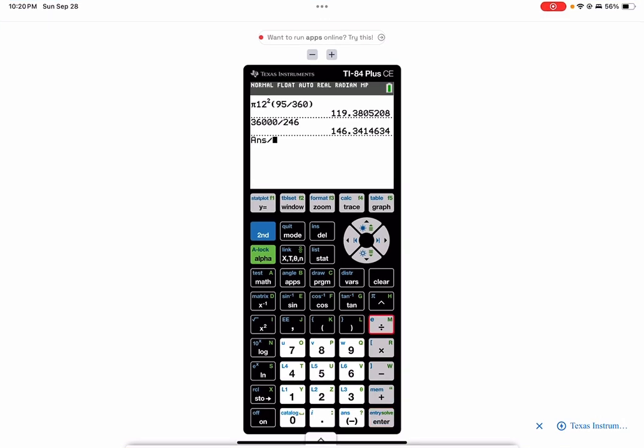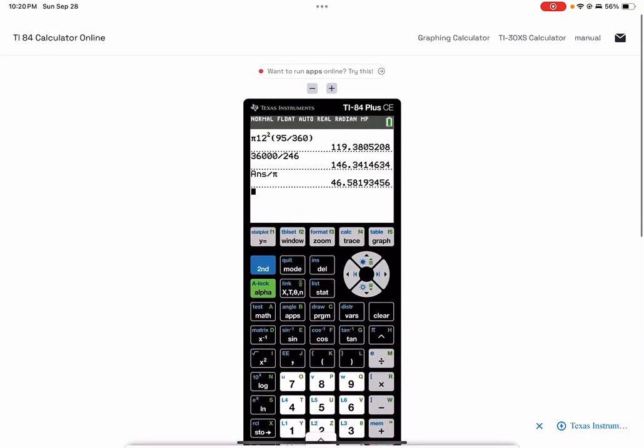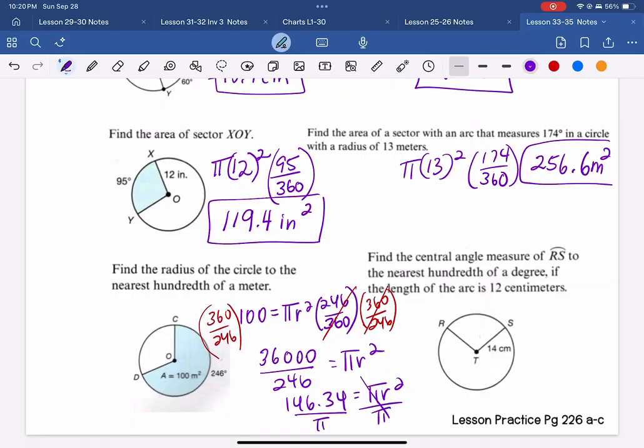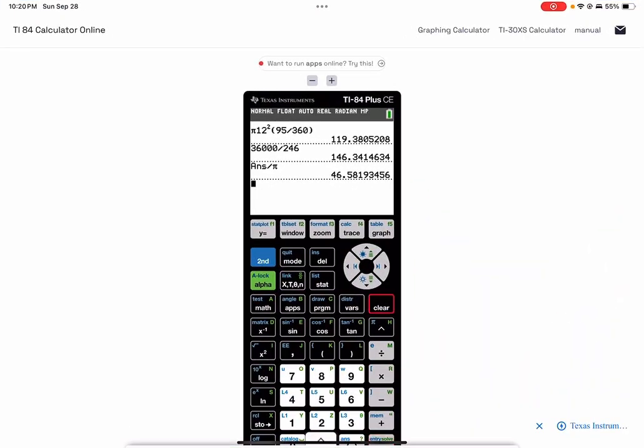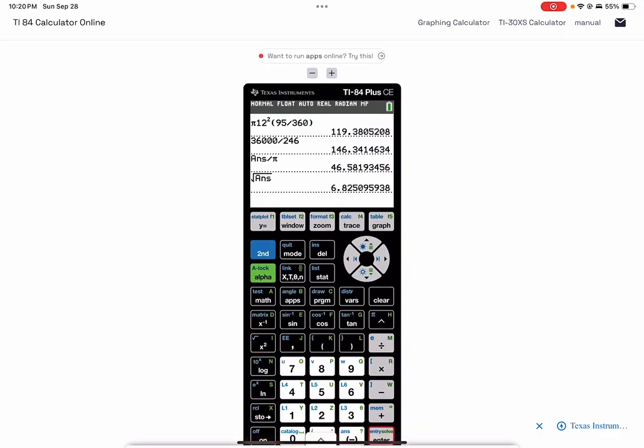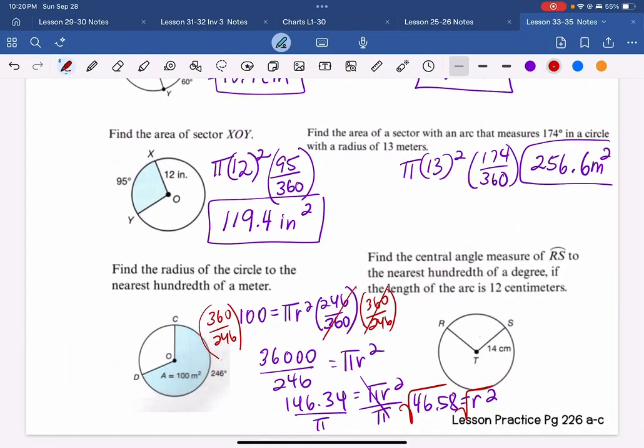So divide by pi, 46.58 equals r squared. We have to remember to take the square root because we don't want r squared, we want r. So I have to go back over here and do second square root, second answer, 6.8. R is 6.8 meters. There's my radius.